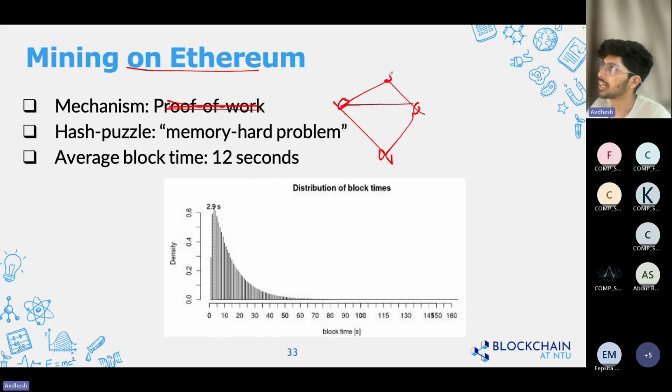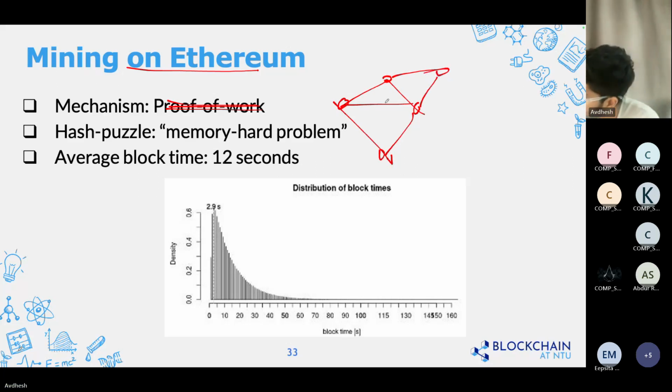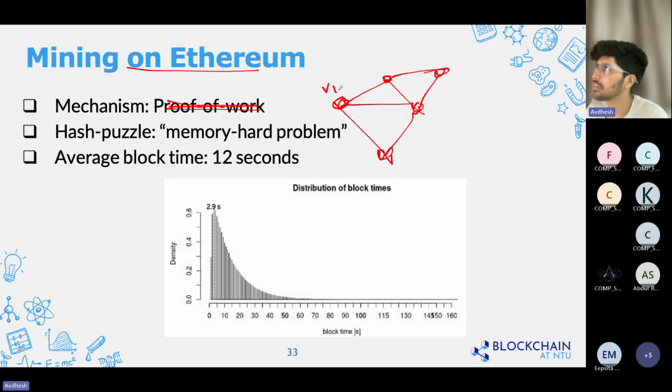Instead of one lucky miner getting the node to verify, what all these network validators do, and these are called validators on Ethereum, by the way, these are not called miners. So all these validators v1, v2, v3, v4, v5, what they'll do is they'll already have a certain amount of Ethereum that they have.